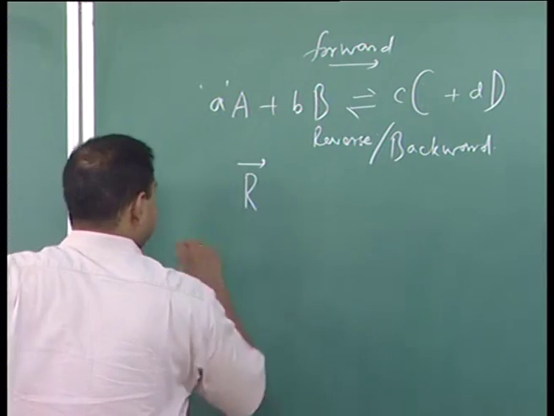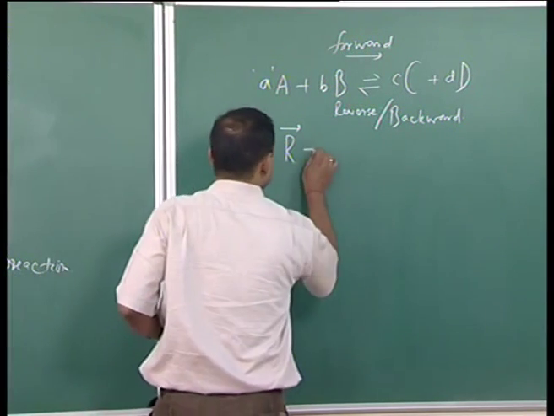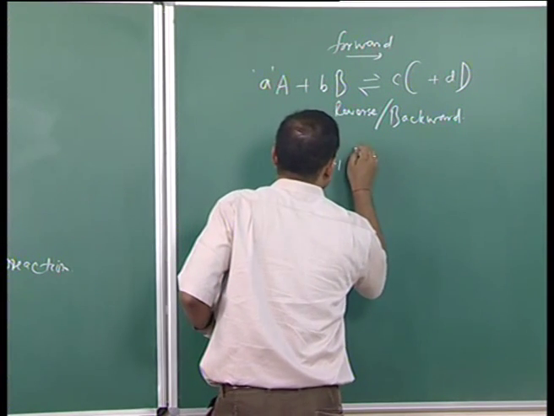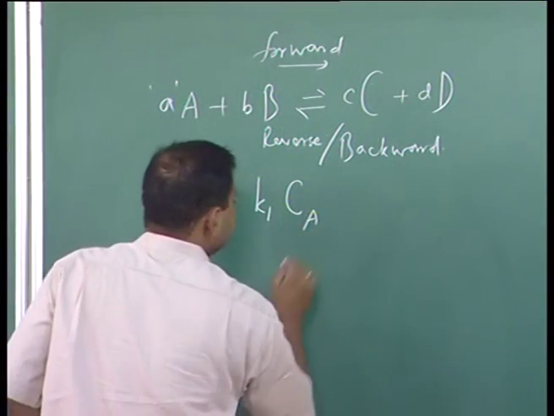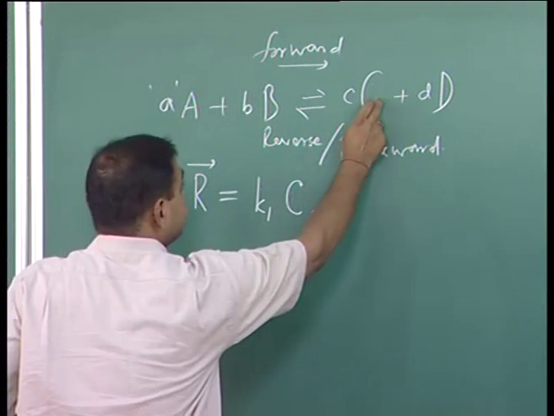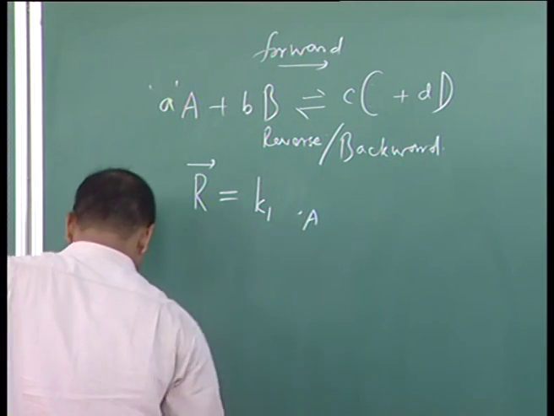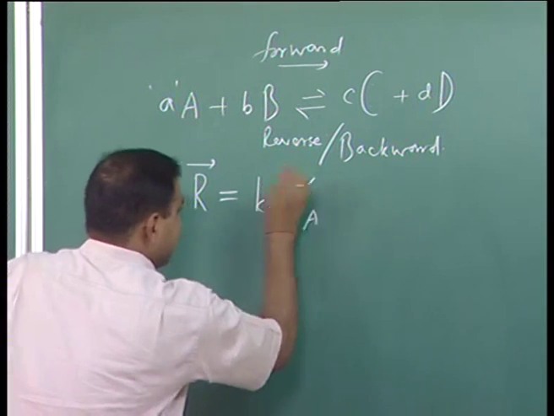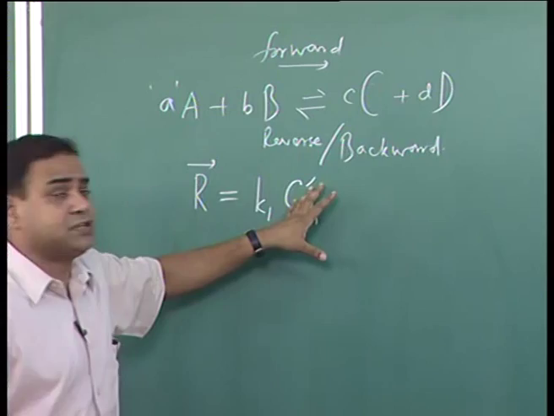Now, the rate at which the forward reaction is taking place can be related by a simple expression, which is K1 C dash of A, the concentration of A. Since we are considering a C component here, let us use a term like C dash, just to differentiate between the C component and the concentration.